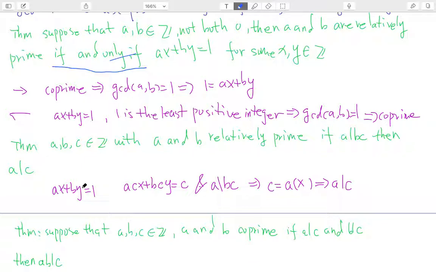So now the next theorem. If A, B, and C are integers, and A and B are relatively prime, if A divides B times C, then A divides C.